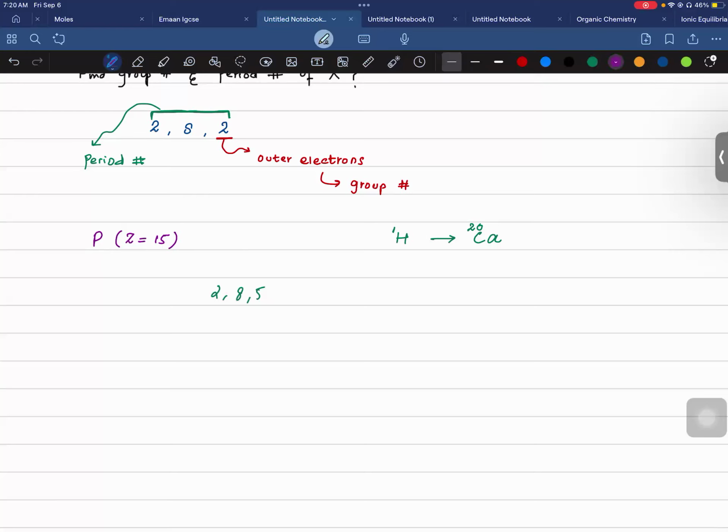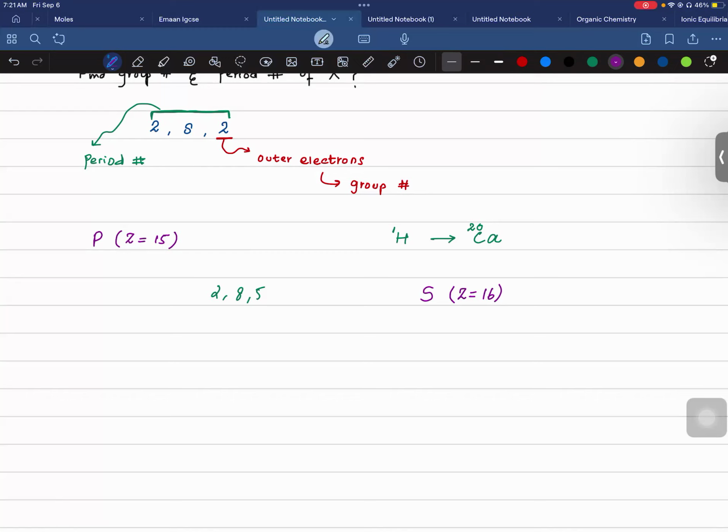Now you are supposed to tell me regarding sulfur, whose proton number is 16. I need the configuration, the group number, and the period number.